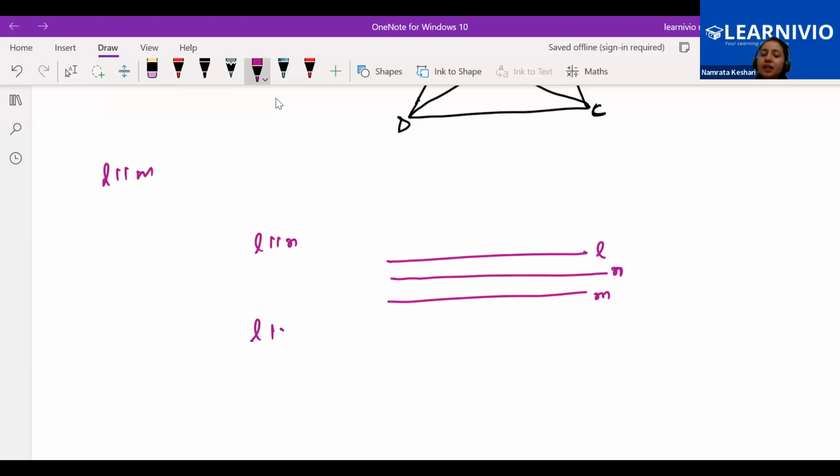Then L, M, N all will be parallel with each other. Yes or no?